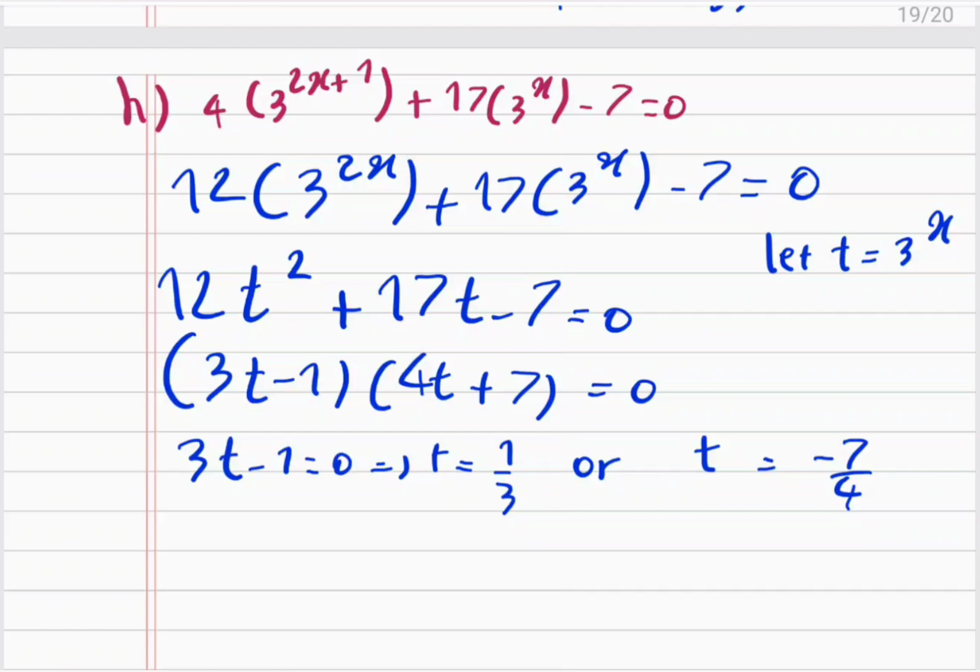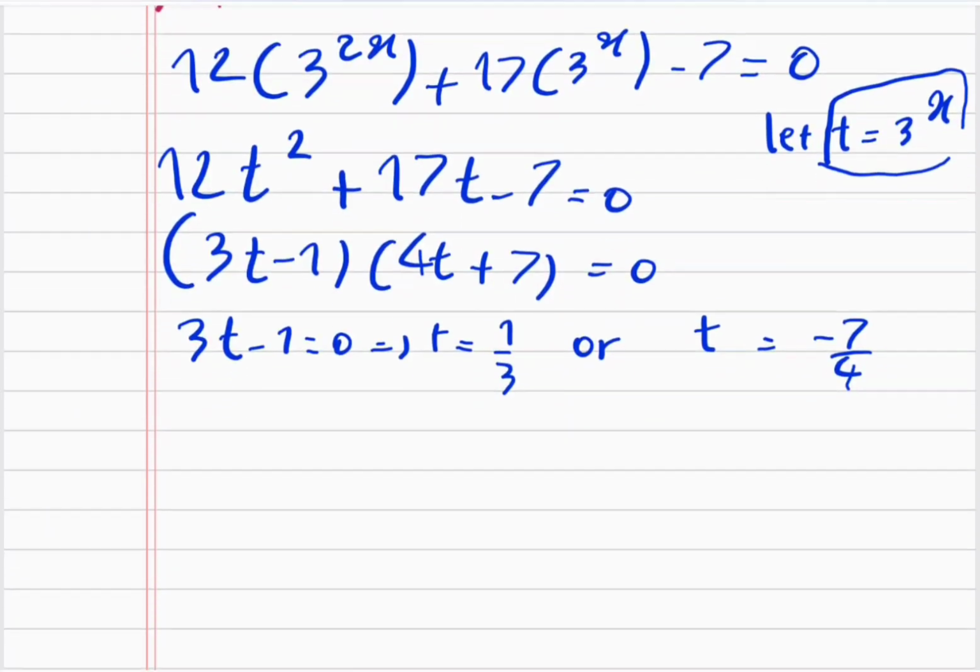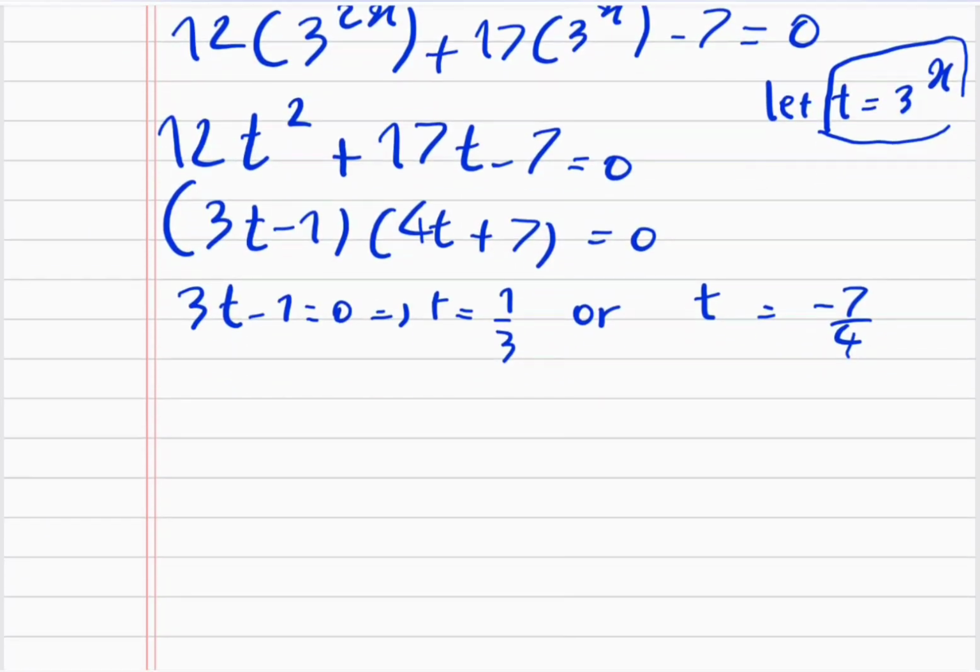Now remember that we need to go back, because we want to find the value of x. We now have t, but we want to know the value of x. So we set each of these equal to 3 to the power of x. We have 3 to the power of x is equal to the first solution, which is 1 over 3. Now we can take logs.